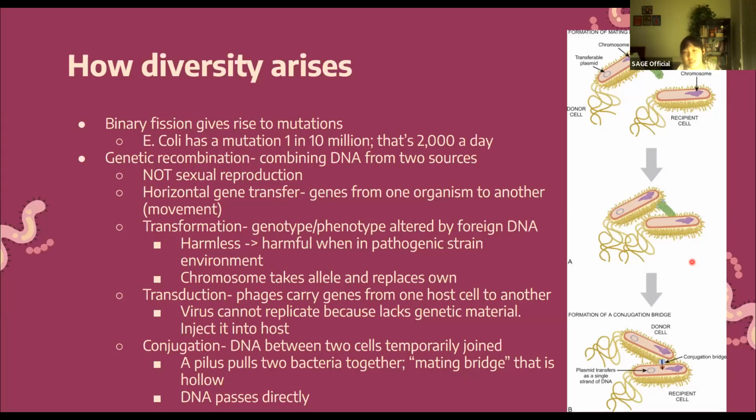If you have a disease strand of DNA and it inserts into the environment, it can turn a harmless environment into a harmful one. Basically, the chromosome takes in an allele and replaces it with its own. So if I had a banana hating gene, basically I hate bananas.